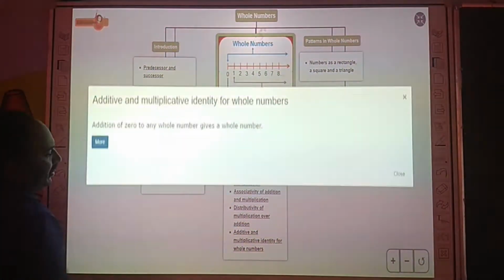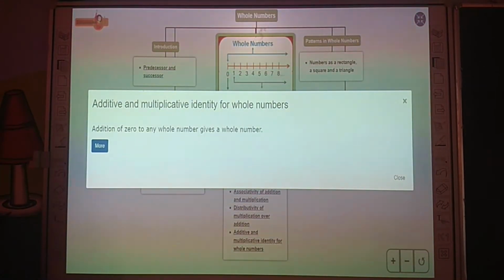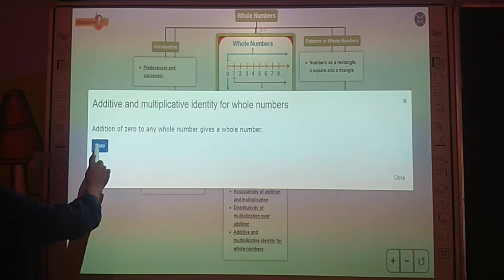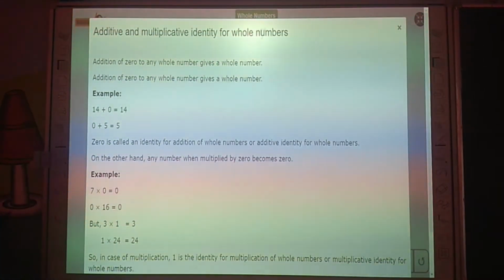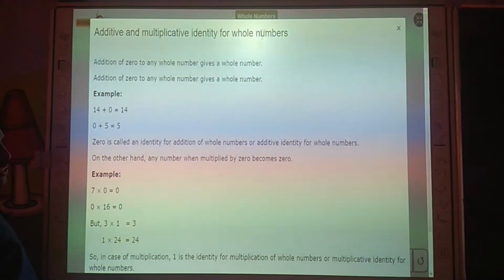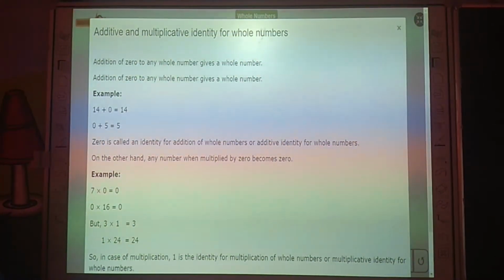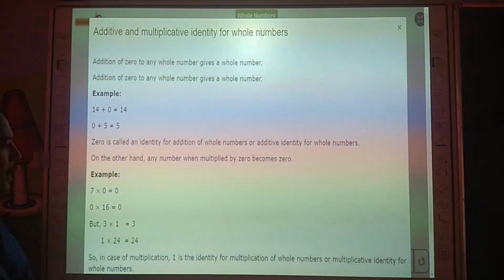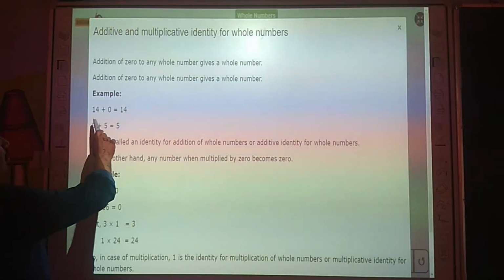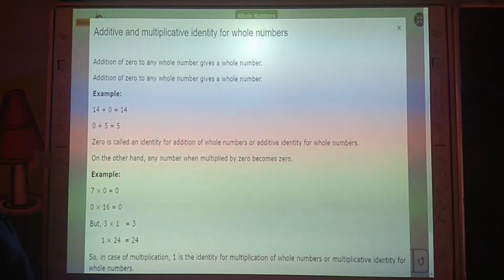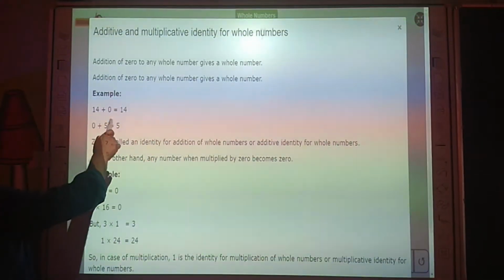The next one, additive and multiplicative identity of whole numbers. The additive identity is 0. The multiplicative identity is 1. 14 plus 0 is equal to 14.